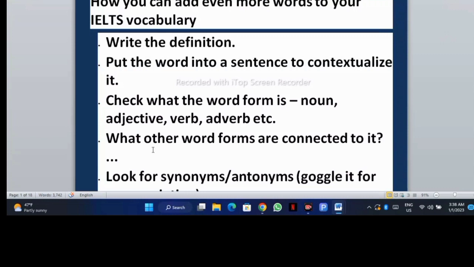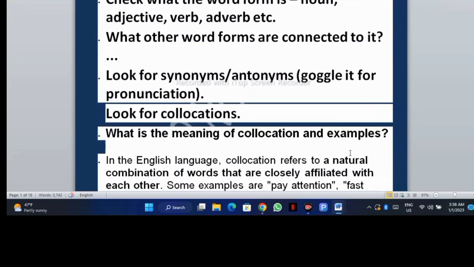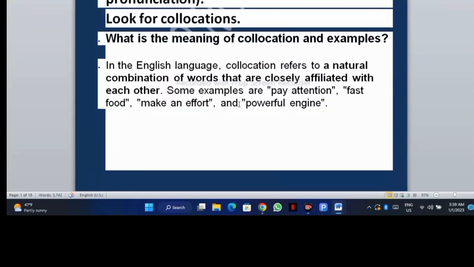Next, you are supposed to find what other word forms are connected to it. First you will find the definition of the word, then contextualize it in a sentence, then you will find the noun, verb, adverb, and other relevant forms of that verb. And then you will look for the synonyms and find out the pronunciation from Google.